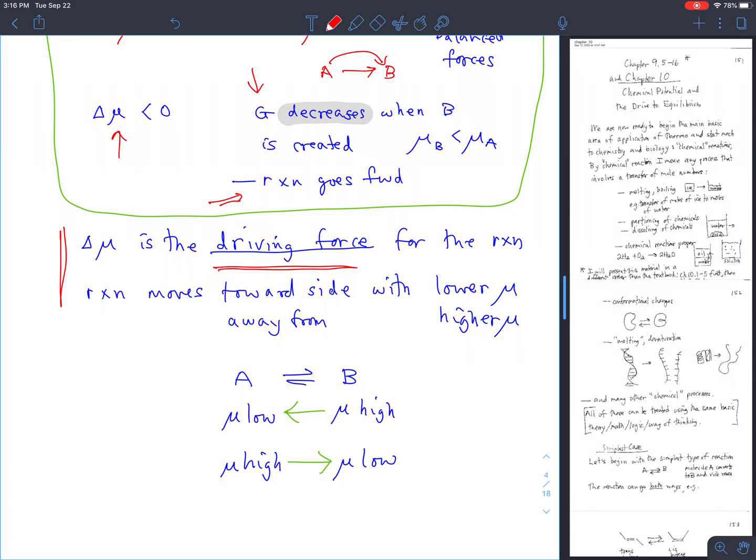If the chemical potential on the product side is high, that's unfavorable, right? That's a high chemical potential. Things want to move towards low chemical potential, so that means the reaction would go the other way, would go backwards. On the other hand, if the chemical potential on the product side is lower than the chemical potential on the reactant side, then the reaction will go forward. It's favorable to go forward.